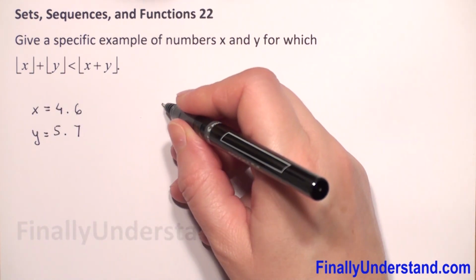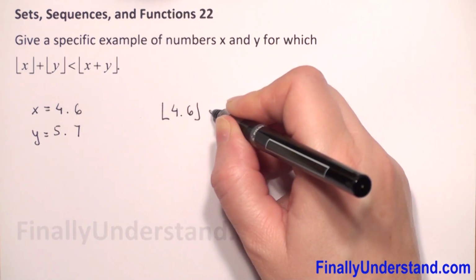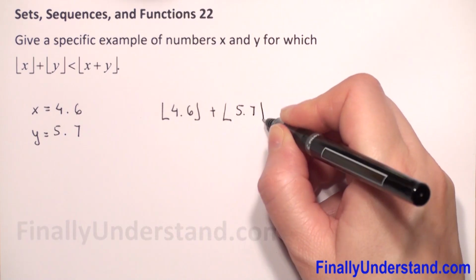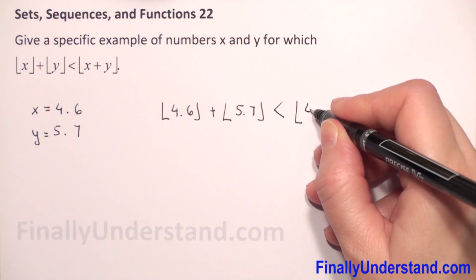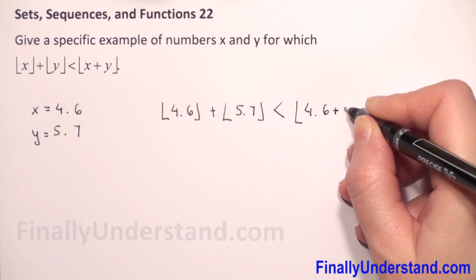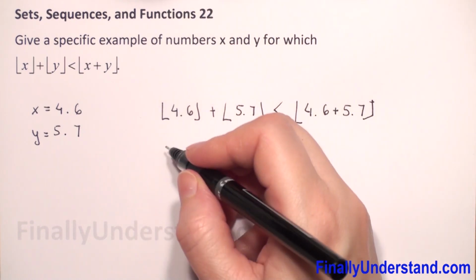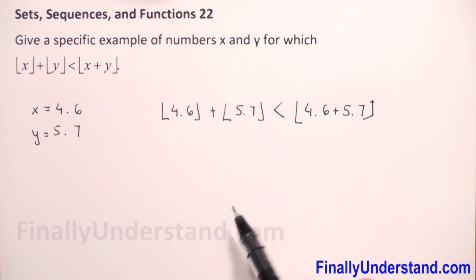So we have floor of 4.6 plus floor of 5.7 is less than floor of 4.6 plus 5.7. So we have floor of 4.6. Let me remind you, when we have floor of number, it means we have to find the largest integer less than or equal to these numbers.